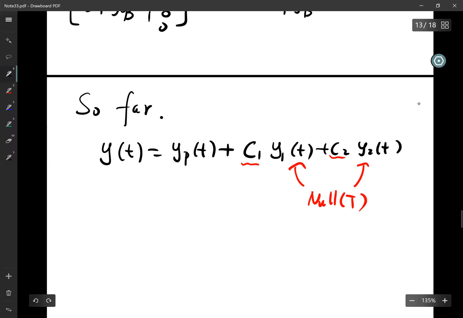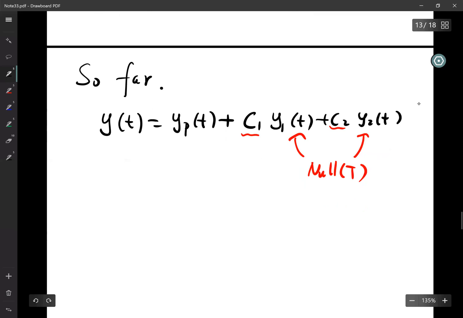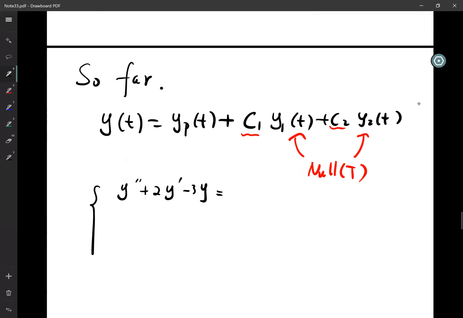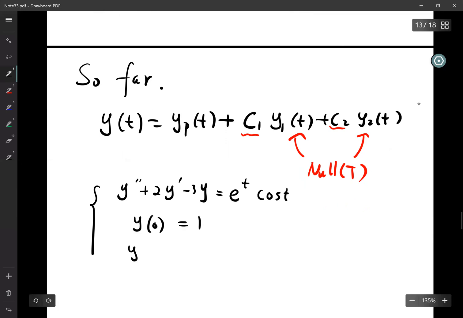These can only be determined through the initial values. So let's put everything together. Let's see, y double prime, let me make it complicated. Let's say this is exponential t cosine t. So y0 equals 1, y prime 0 equals 1.